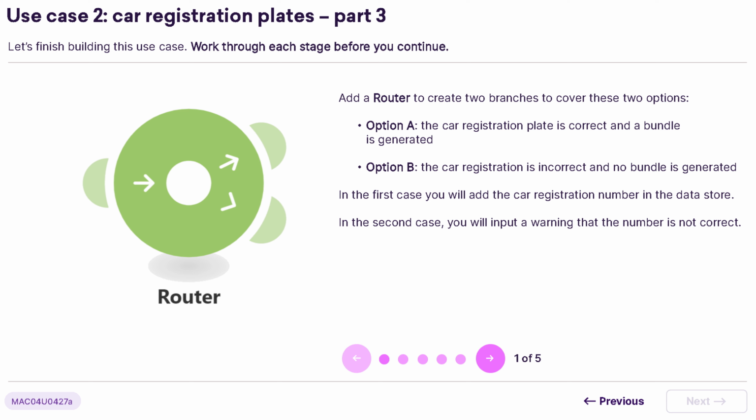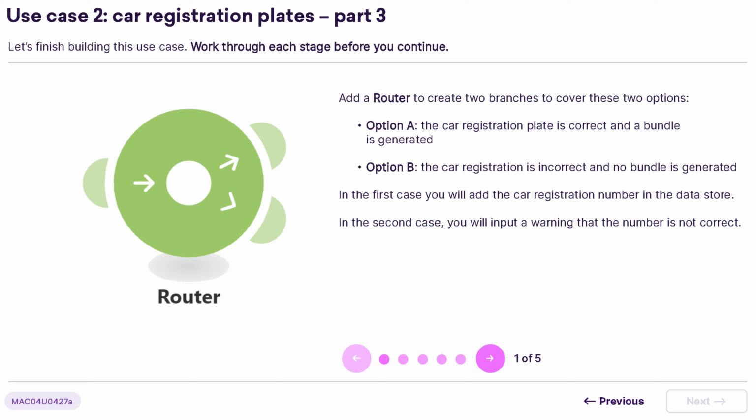The router will help manage the flow of your data by creating two distinct branches. This setup allows you to handle different scenarios based on whether the car registration plate information is accurate or not. In the first scenario, if the car registration plate is correct, a bundle is generated. This bundle will then be processed to update the data store with the car registration number. This ensures that all valid entries are captured and recorded efficiently.